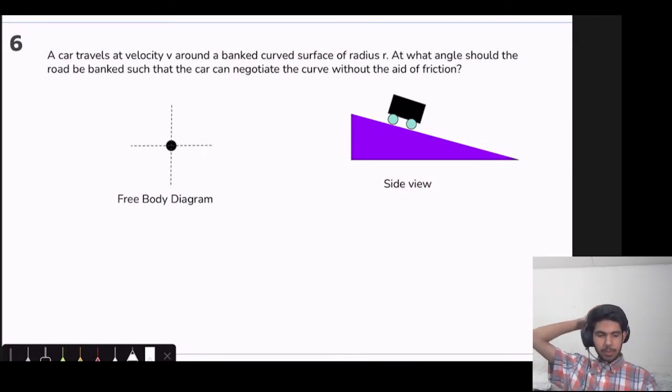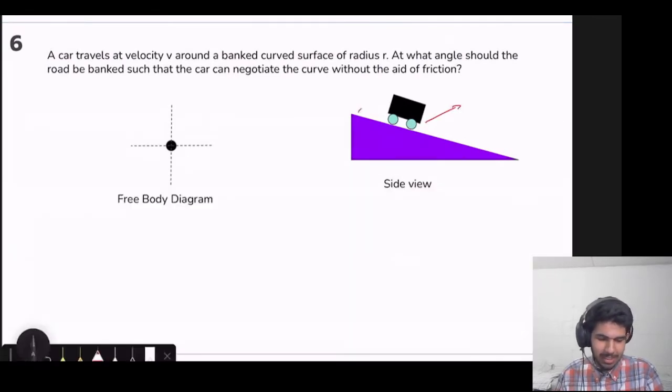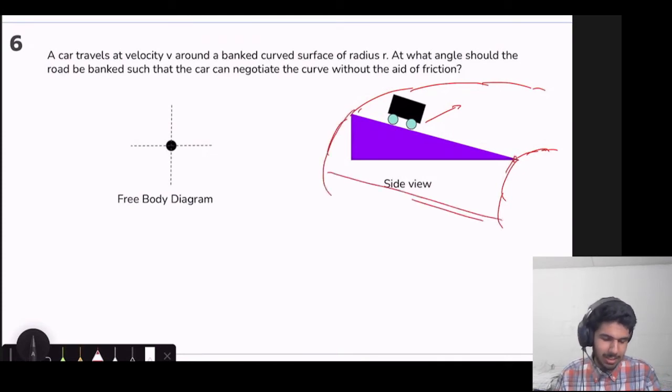So we have the side view on the right. The little box with two circles underneath it is a car, and it's going in this direction. We can sort of imagine that the surface is like a circle type thing here. I can't draw very well, but it's banked throughout.